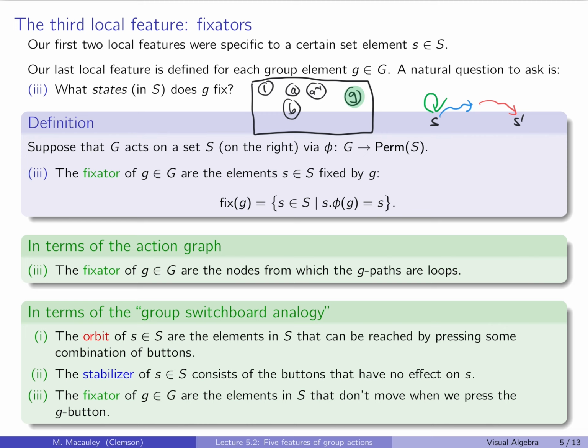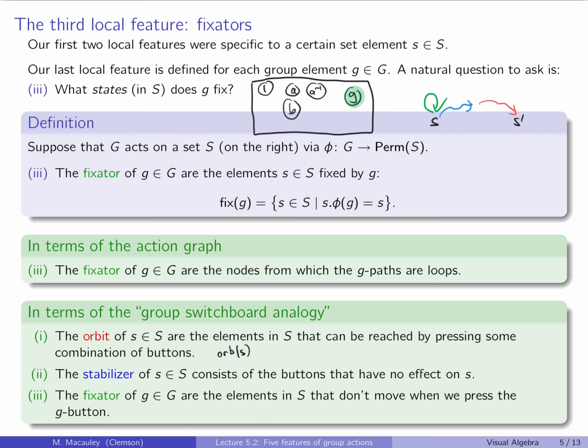Now, I want to make some comments about this. First of all, though this group switchboard analogy seems like a learning or training tool, I use it to this day. I find it incredibly useful when I have to keep track of stabilizers and fixators and which one is fixing what, etc. That's one thing. The other thing is the notation that I've been using. Let me remind you, the orbit I call orb of s.